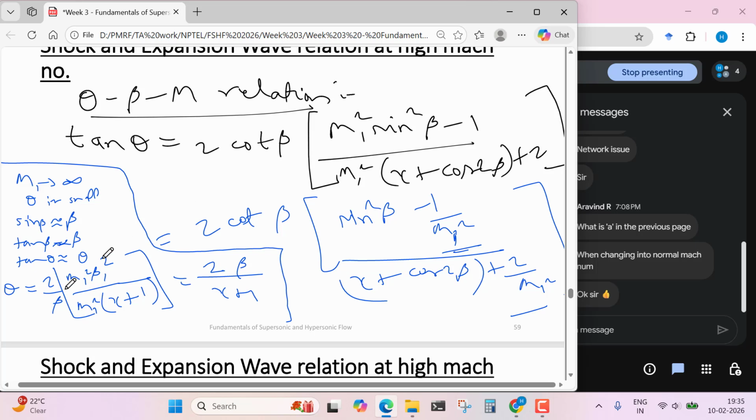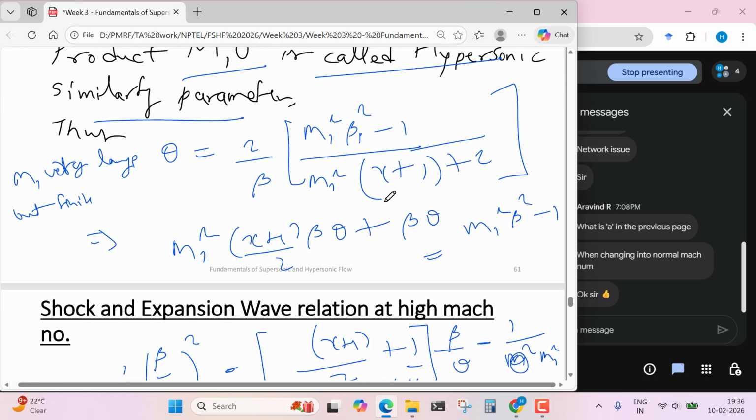If you substitute all these values here, we will get theta equal to 2 upon beta, because cos beta upon sin beta equals 1 upon tan beta, which is 1 upon beta, times (M1 square beta square minus 1) upon (M1 square (gamma plus 1)). As M1 square beta square is much greater than 1, we have neglected this 1, and the 2 also is neglected here. M1 square will cancel, beta will cancel, so we will get 2 beta upon gamma plus 1, which was the relation we found before for M1 tends to infinity.